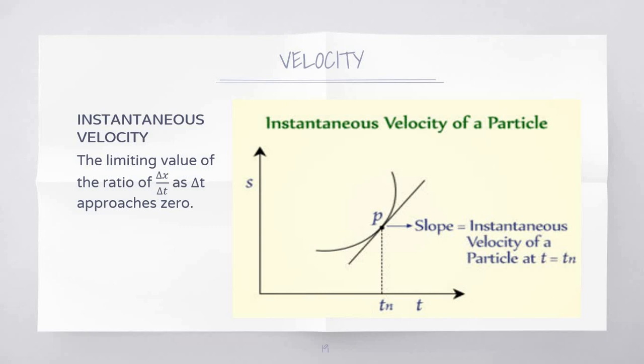Alright? So how do we solve for instantaneous velocity? What we'll do is try to get the limiting value of the ratio of delta x over delta t as delta t approaches 0.